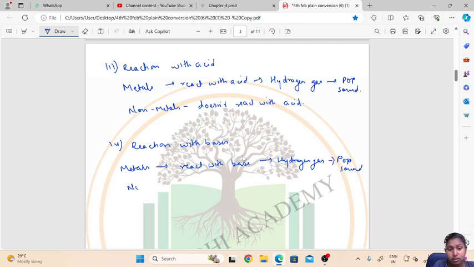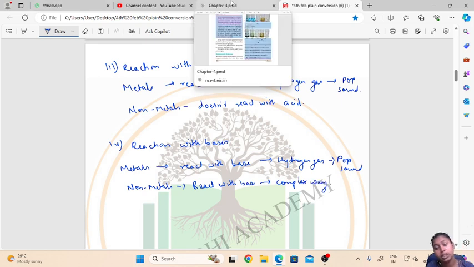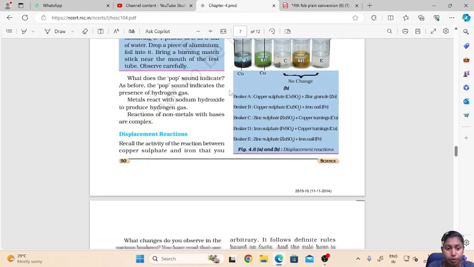Whereas non-metals react with base, but in a very complex way, which we will learn in further classes. It's not there for you all here.